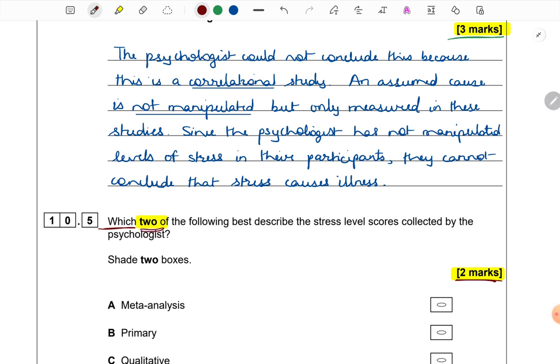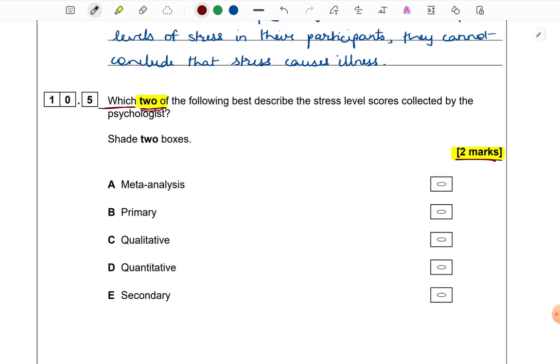So in these type of questions, repeatedly examiners state that they are in too much of a rush and they don't see that they have to pick out two of the following options. They just assume one option has to be picked up, and then for a very silly overlooking of what has been asked, they just lose out on marks, which they could have easily achieved. Question is simple. It's just important to keep in mind that we need to mark two options. Describe stress level scores.